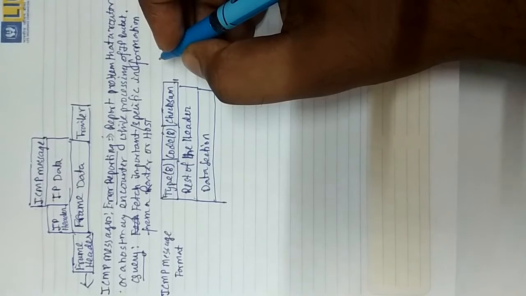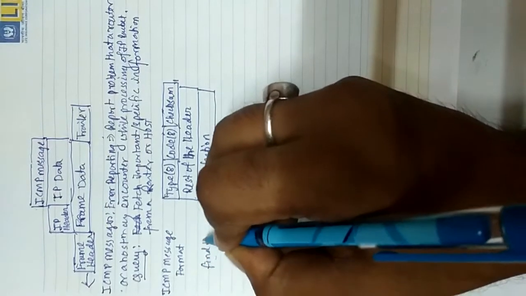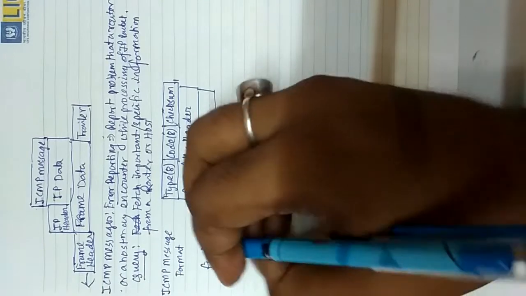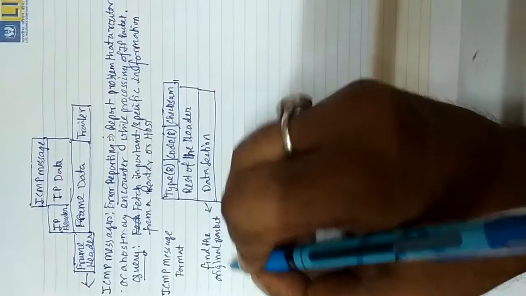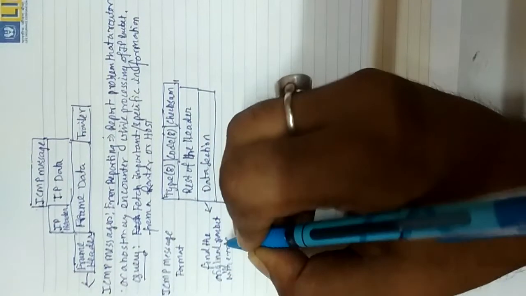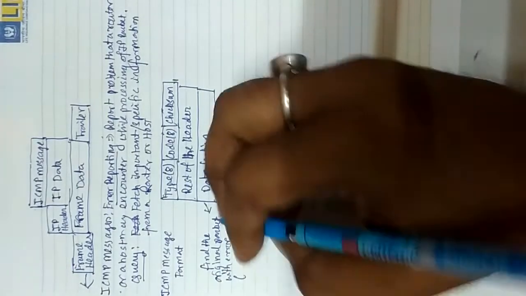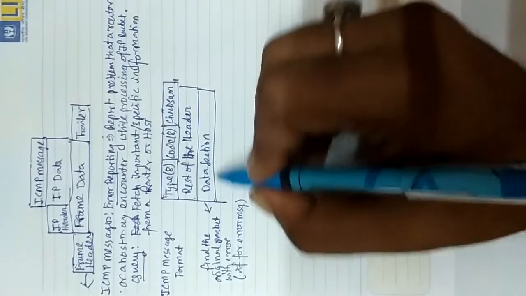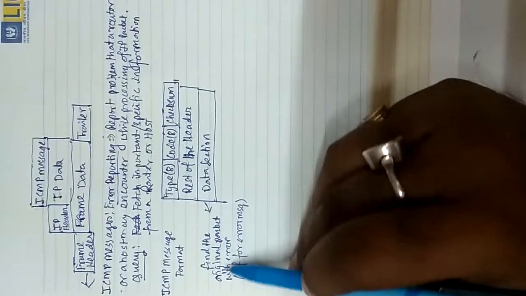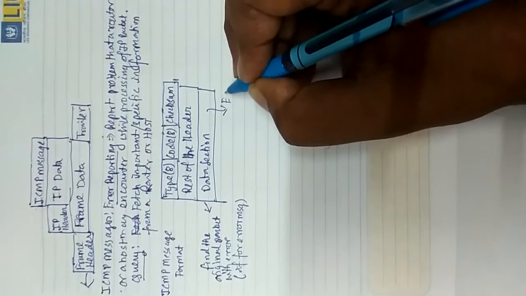So if the data section is for an error message, it will find the original packet with error, and if it is for query, it will carry extra information.